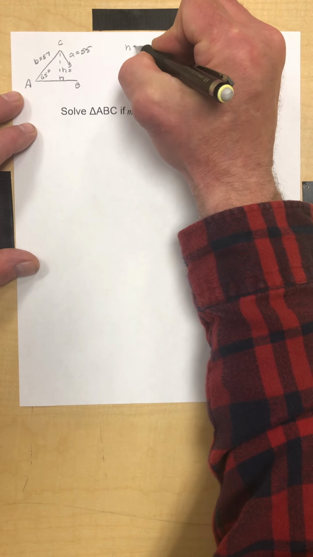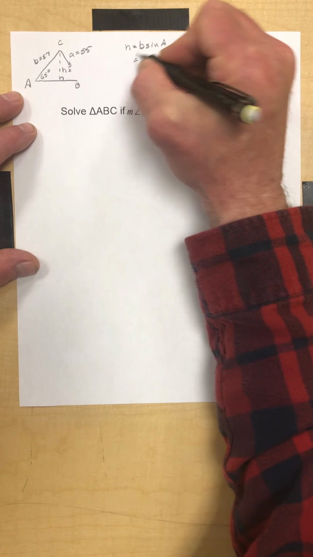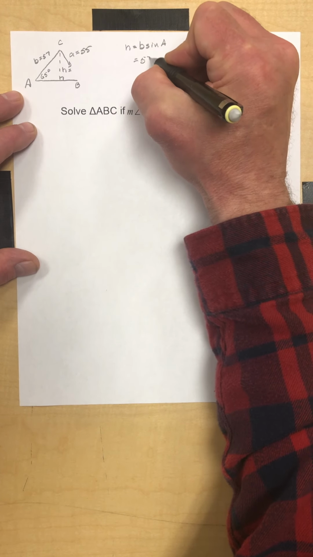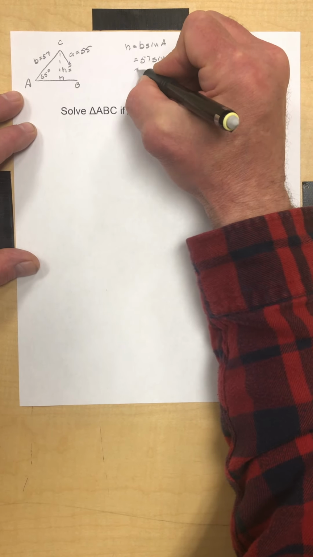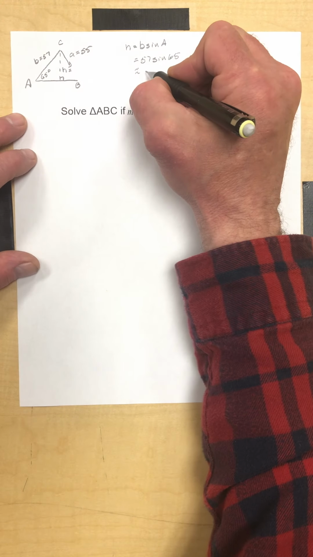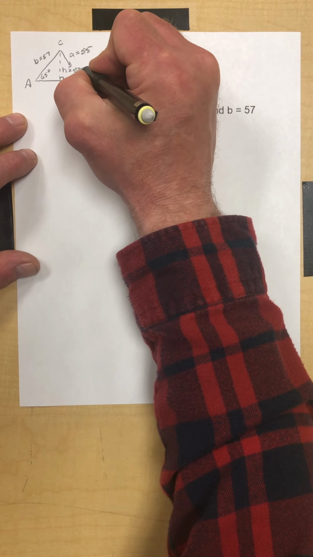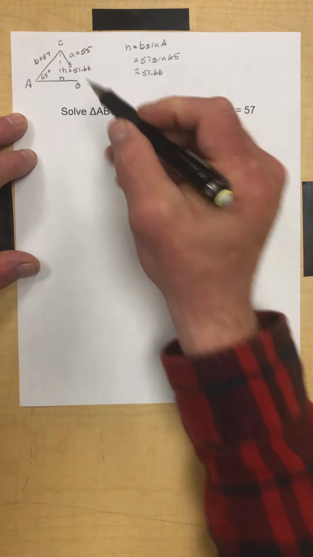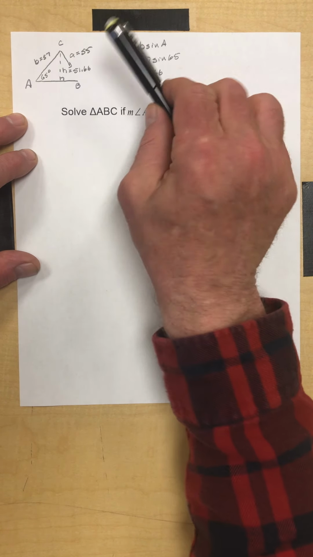In this case, h would end up being b times the sine of angle A. So it is going to be 57 times the sine of 65, and then just go to our calculator. 57 times the sine of 65, and I'm getting 51.66. So the height is 51.66.